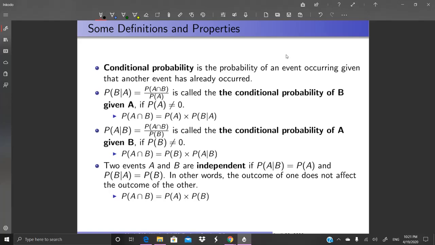And what's over here is what's called a multiplication rule, at least that's what the textbook calls it. And then you'll see it here too and here, right? But it's just rearranging the equation a little bit to multiply by the probability of A on both sides of the equation.